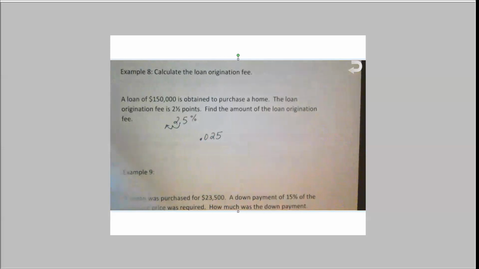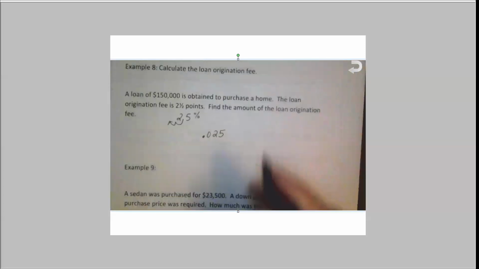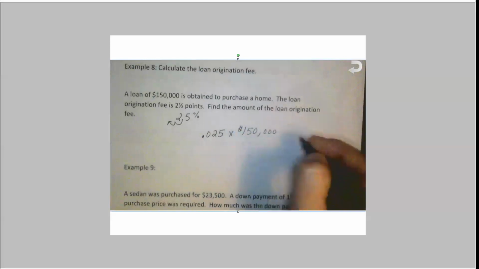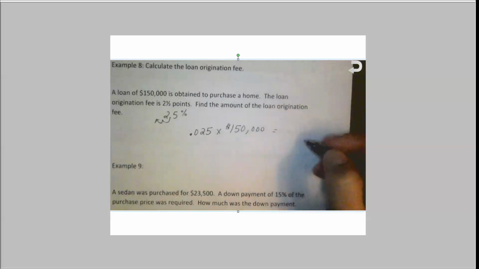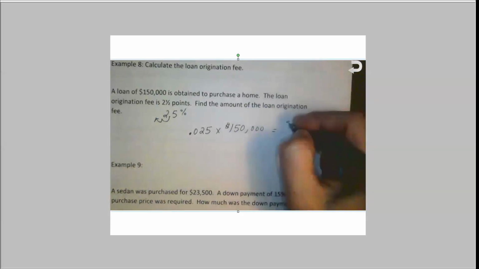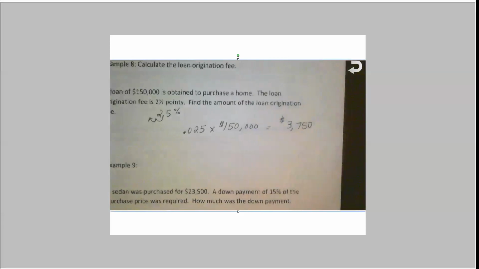Let me go back to that formula. Points times the mortgage, okay? So I'm going to multiply that times $150,000, and that's going to give us our loan origination fee. Calculate that. That will be $3,750.